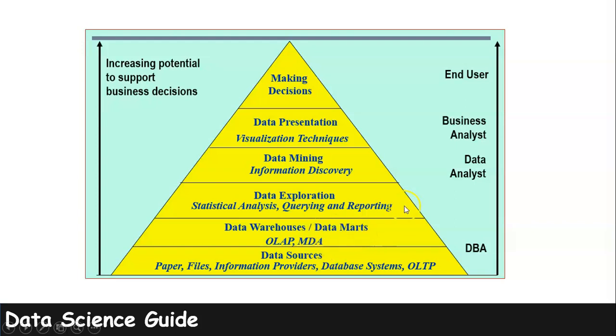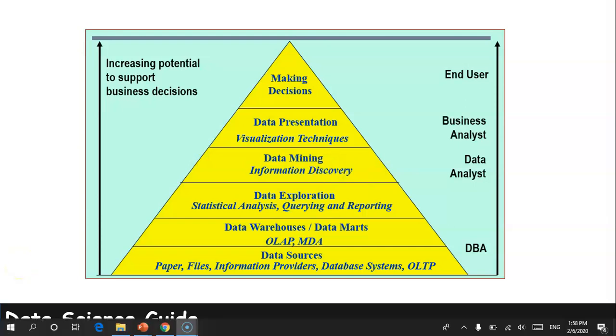If we go to the upper level, we find the data analyst tasks, where data mining can be started to find the knowledge in that data. So this is, we can say, the middle part of the pyramid where the data mining is happening.